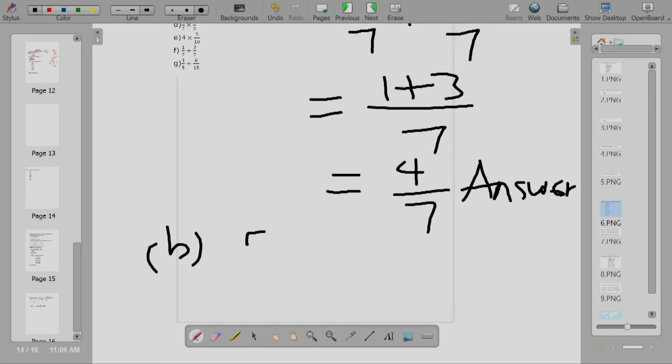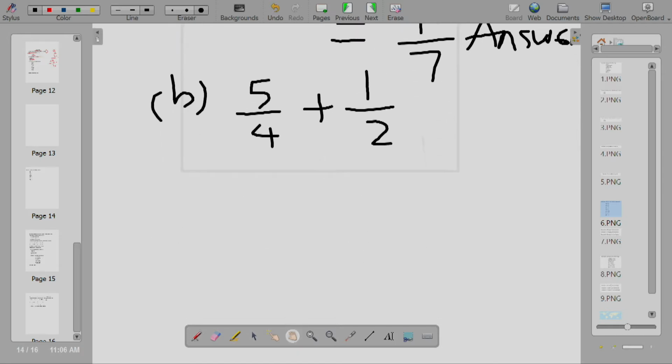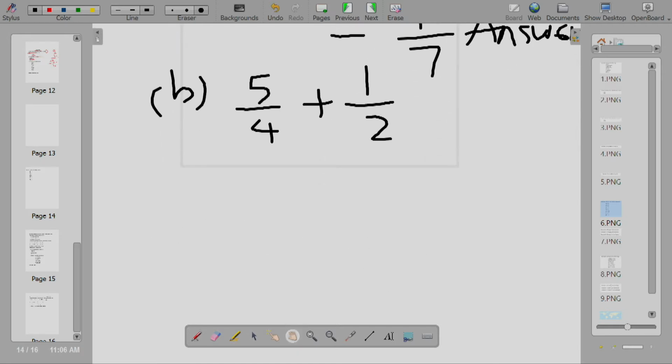Let's move to Roman B. We are required to add 5 over 4 and 1 over 2. These two fractions can be added as follows. First, let's find the LCM of 4 and 2, which is 4.